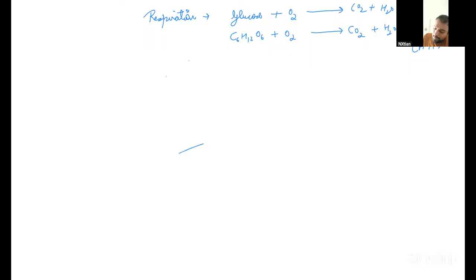So, first of all, this is glucose, C6H12O6. It's called a 6 carbon chain.